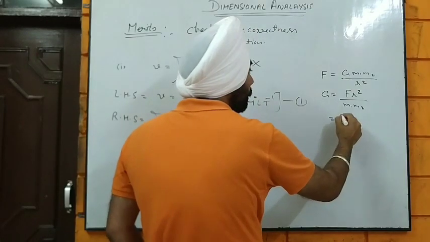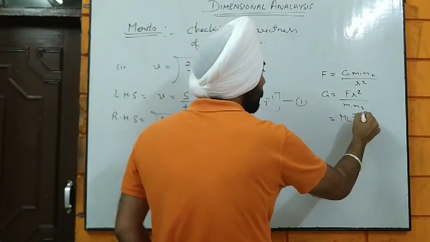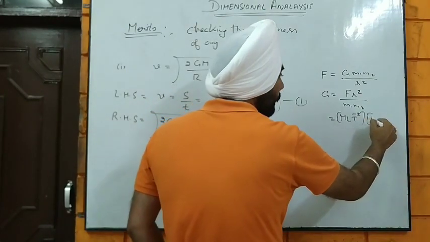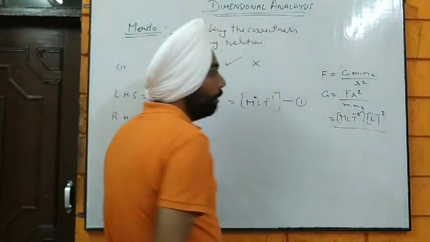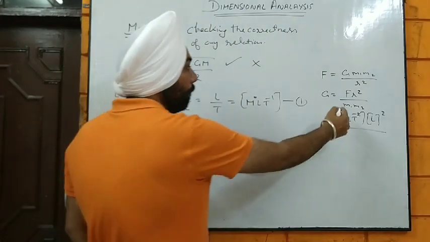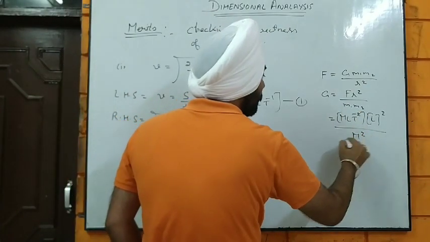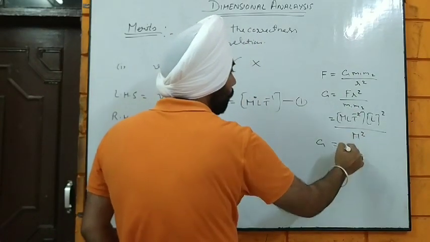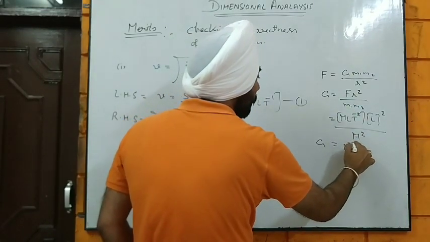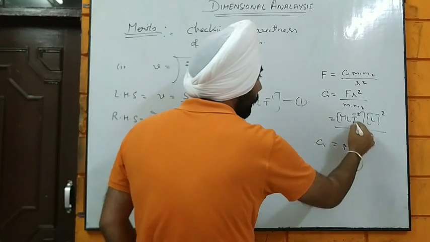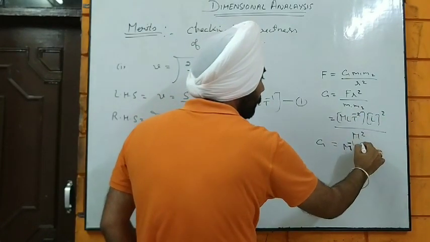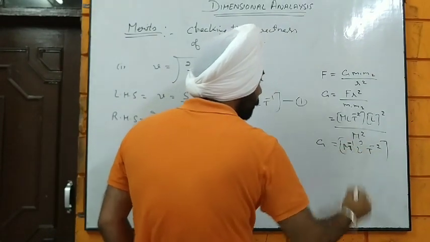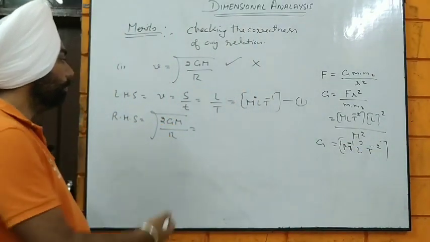Force has dimensions M L T minus 2, r is distance so L square, and with two masses, M square. So the dimensions of G are M minus 1, L cube and T minus 2.